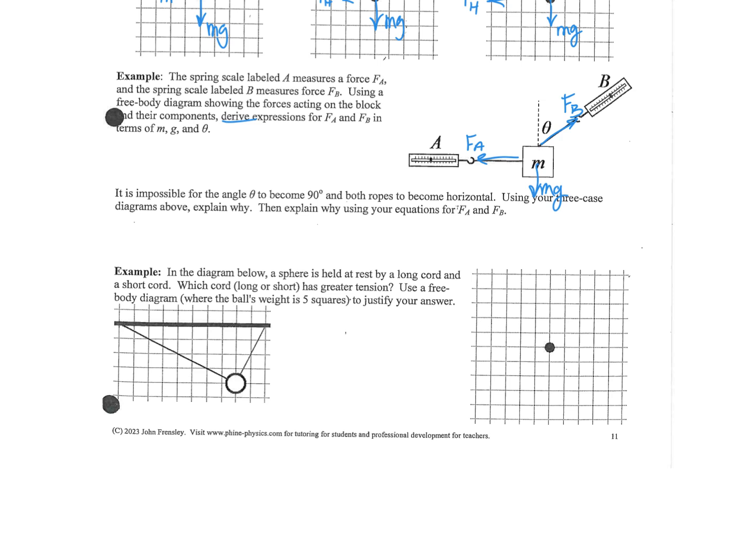Force of A is all in the horizontal direction. Force of B, however, is not. Force of B is going to have a component going this way in the x direction, which is going to be F sub B sine theta.